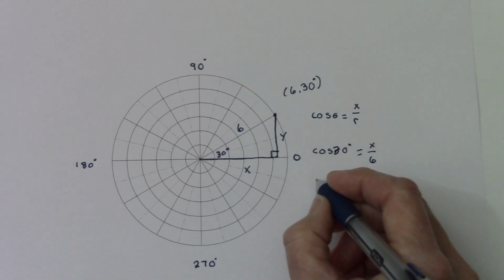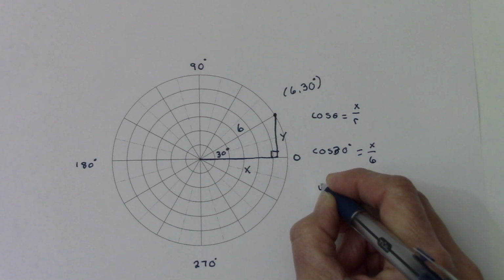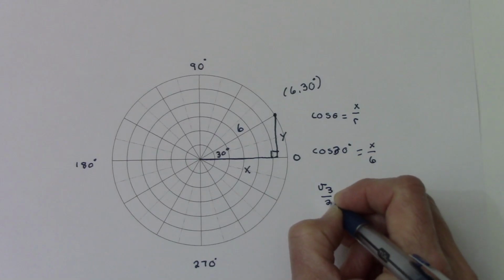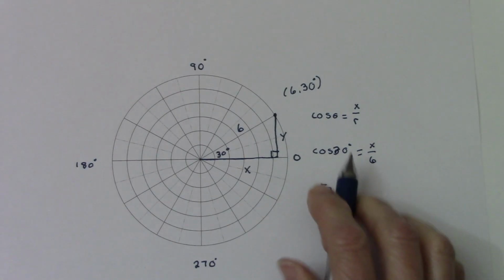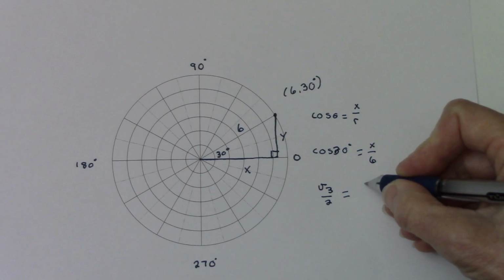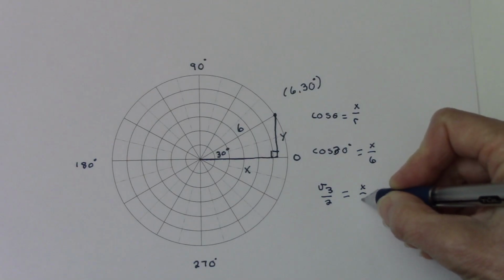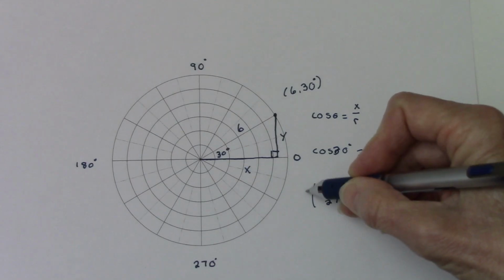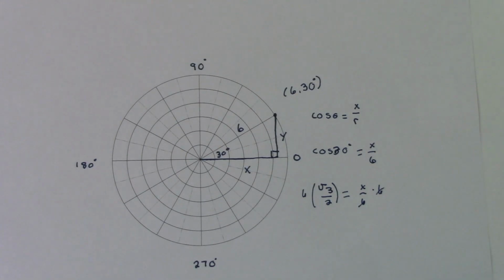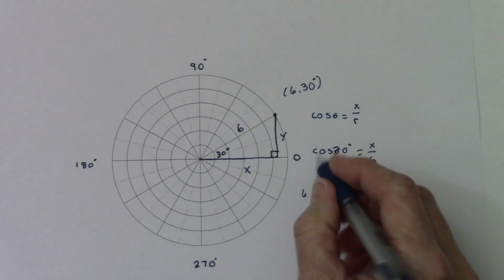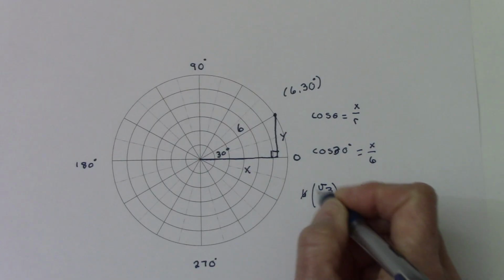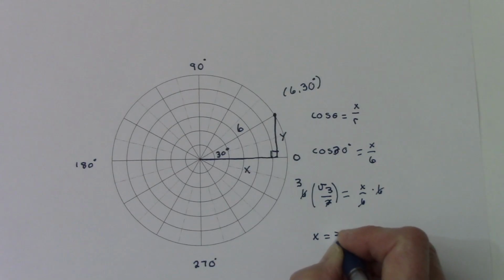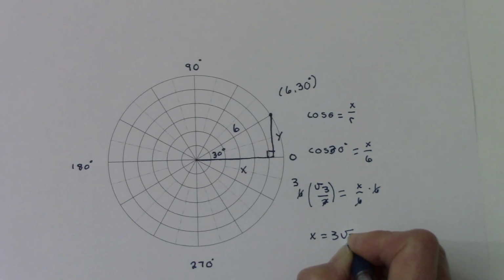The cosine of 30 degrees is the square root of 3 over 2, so that's x over 6. Multiply both sides by 6, those will cancel out, and 2 goes into 6 3 times. So my x-coordinate is going to be 3 times the square root of 3.